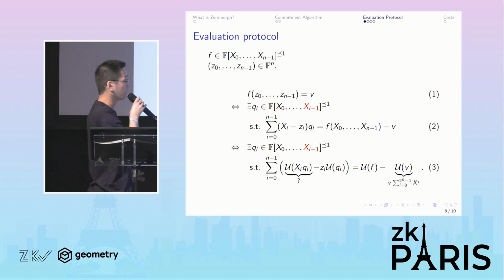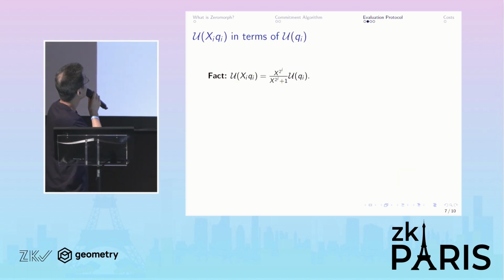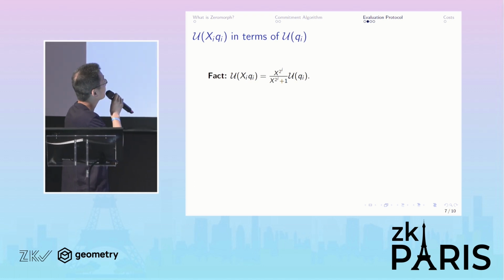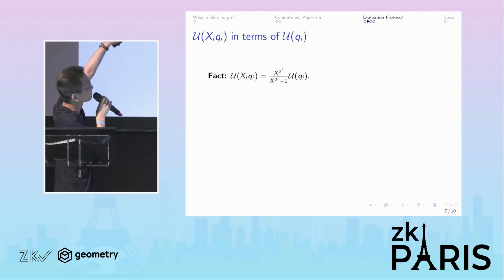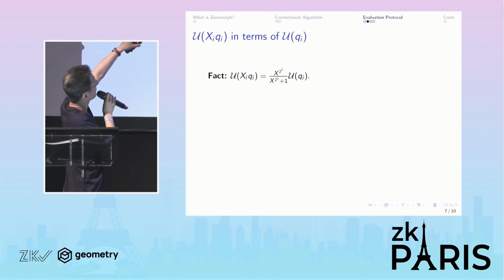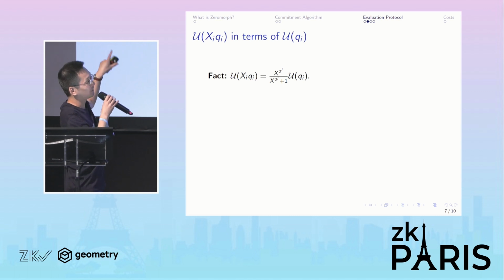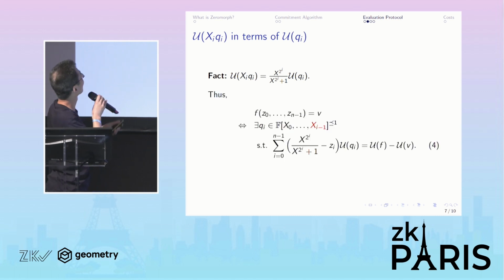The way we do this is a nice fact. u of x_i q_i is actually a product of u of q_i and this fraction. For this fact, we use that q_i is a polynomial only in the first i variables.